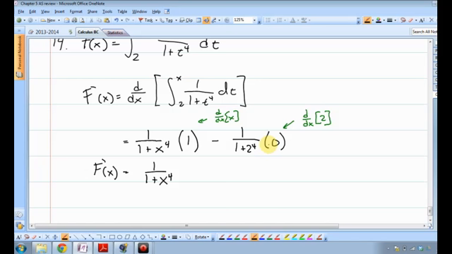Same thing. Substitute, multiply by derivative. Let me finish this problem and then we'll get to that, okay?